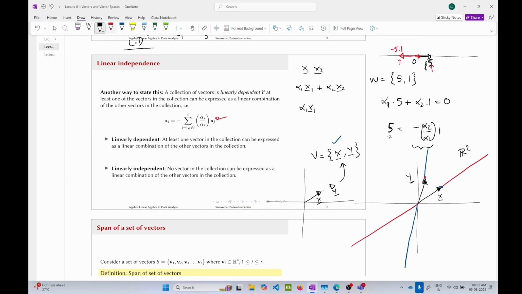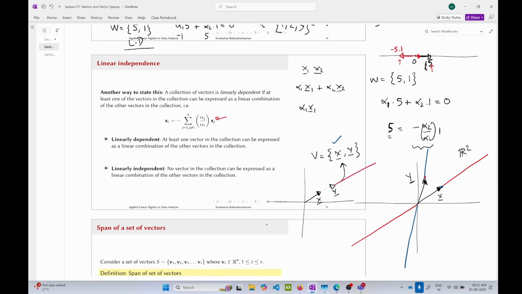Because if you now take all the linear combinations of x, that will be this line. That includes y. That means I could have simply produced y by scaling x by an appropriate amount. That means there is redundancy here, at least in terms of linear combinations. So this is a linearly dependent set.